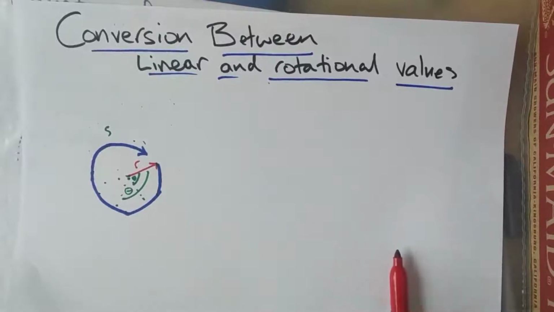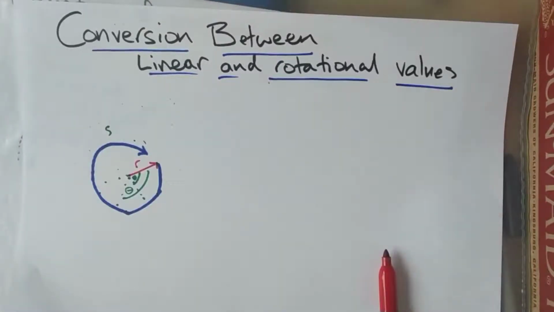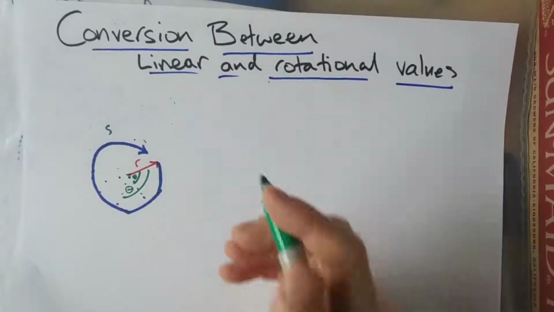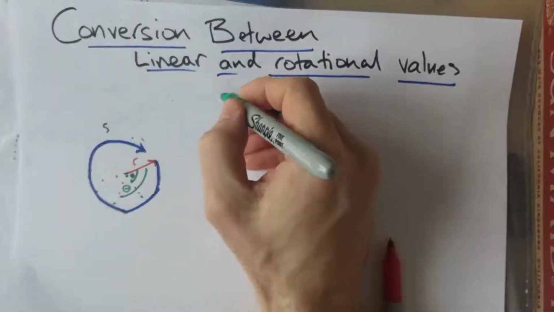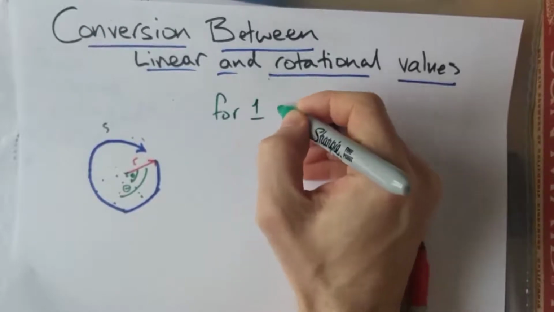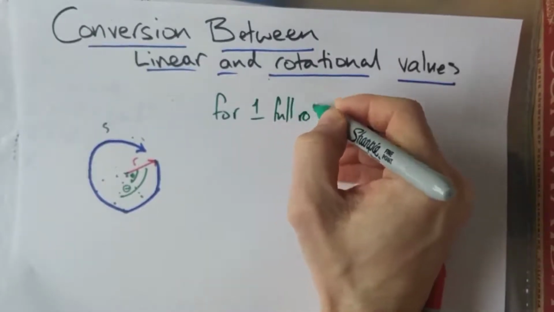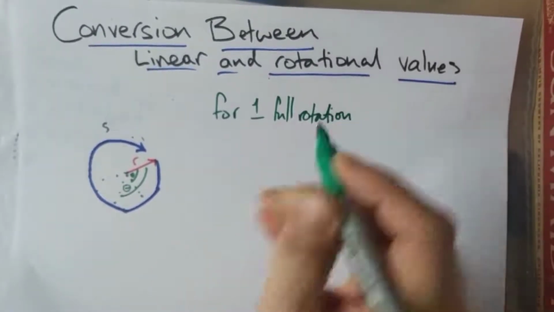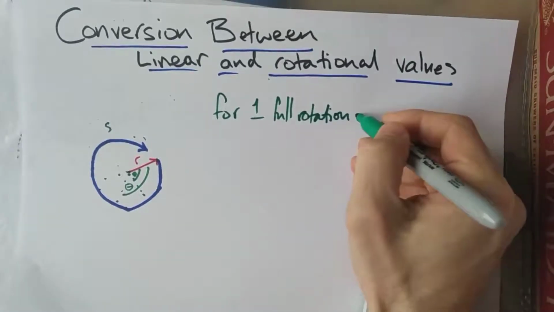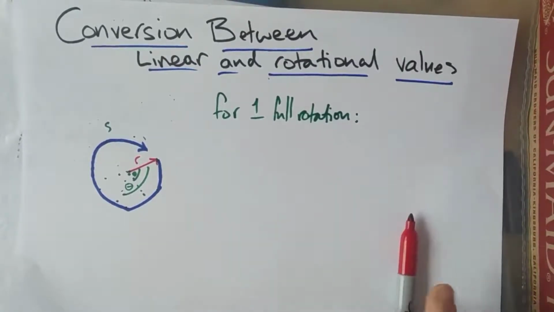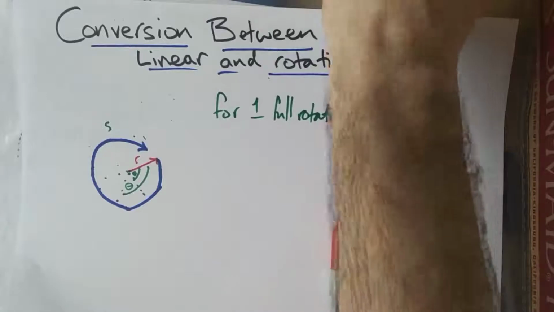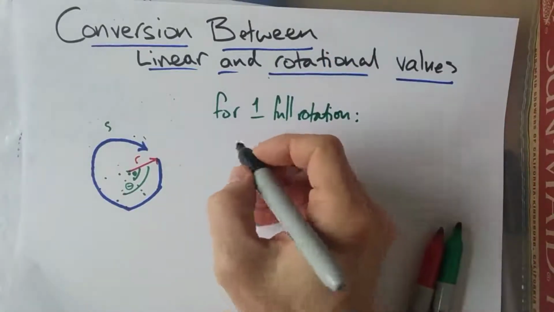The simplest case is to take a path that we know really, really well. The path around the circle that we know the best is the whole circle, so let's consider one full rotation. What's the displacement around one full rotation? Well, it's just the circumference of a circle.